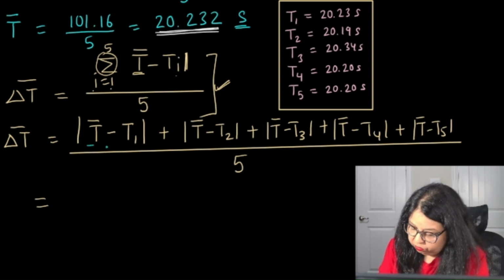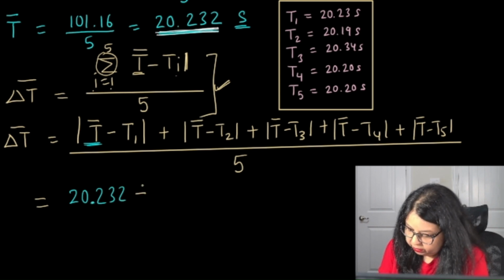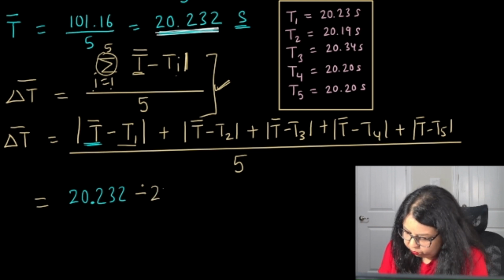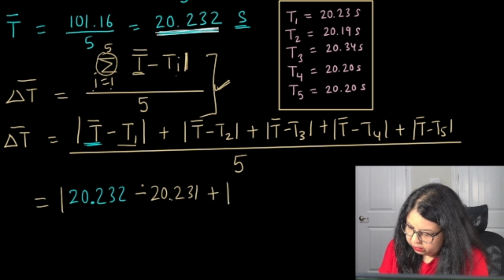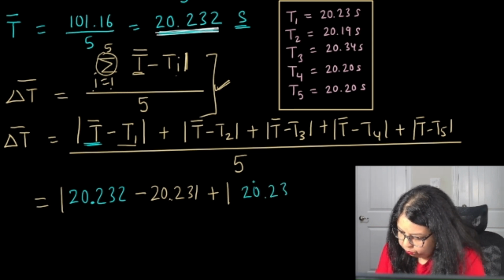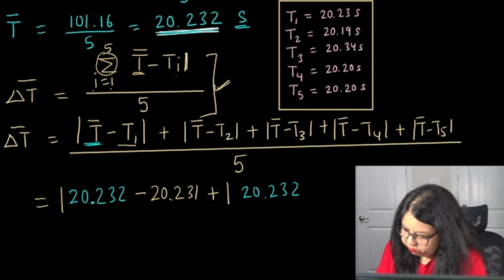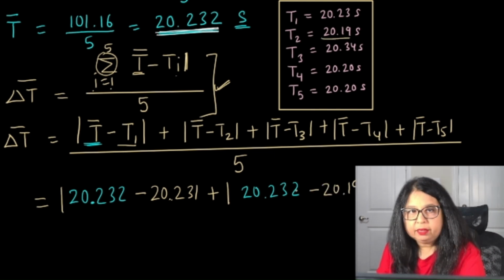Next, we are going to now plug in the values. t bar is equal to 20.232. So 20.232, there's a decimal here, minus t1. t1 is 20.23, plus t bar, 20.232 minus t2 here, 20.19.